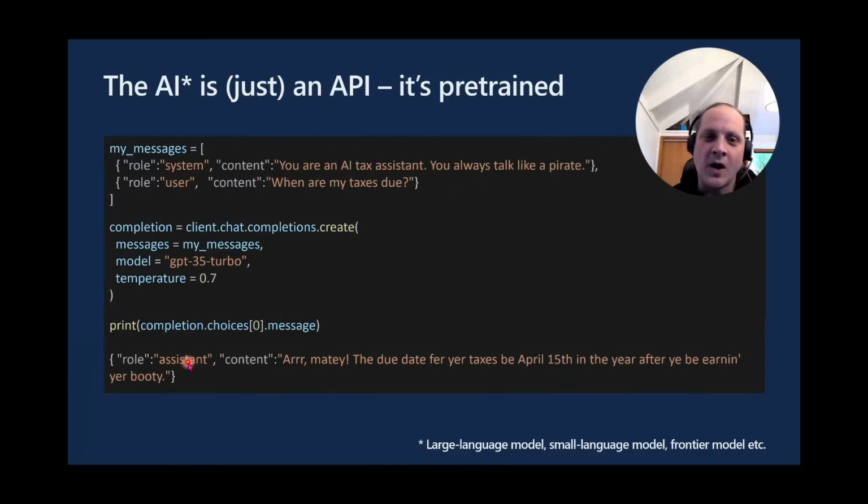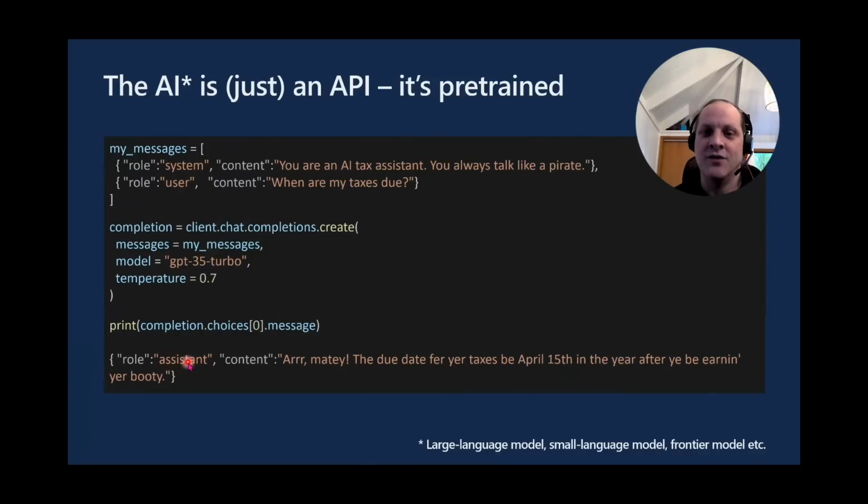Now, I am recording this in New Zealand, and New Zealand taxes are not due April the 15th. They're actually a different date, and I can't remember off the top of my head. This is an example of the model making an assumption that I am in the US. This is the tax date for the US. This is one of the things that we are always doing with our large language models when we interact with them: providing grounding or meta context, which is instruction to the model about what country you're in, or what the relevant information is that helps the model give the right answer.